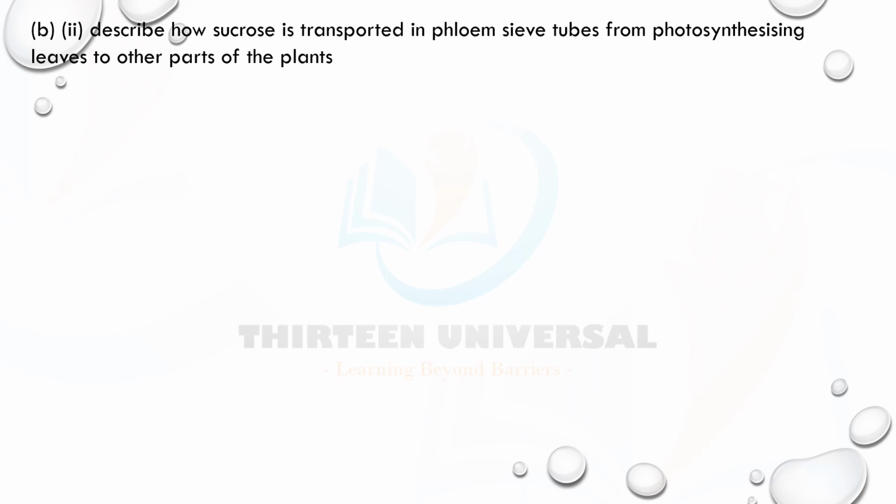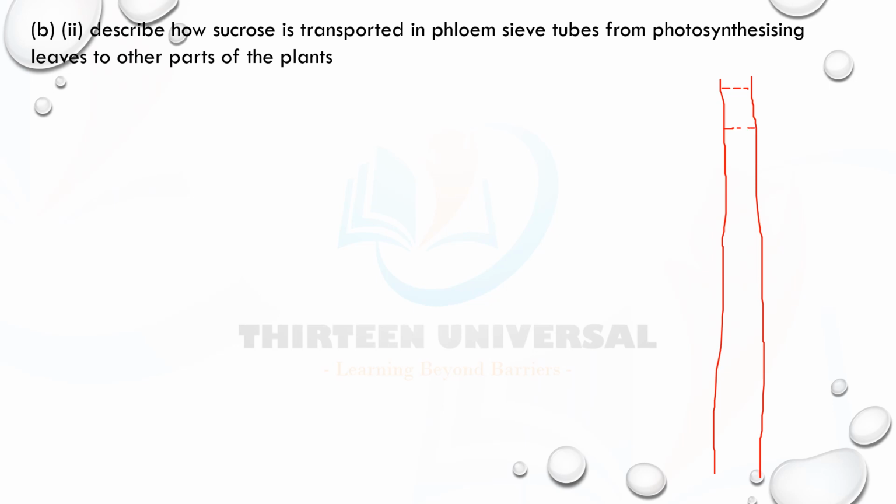Describe how sucrose is transported in phloem sieve tubes from photosynthesizing leaves to other parts of the plant. From photosynthesizing leaves, guys, phloem transports sugar. It brings manufactured food and moves it from source to sink. Don't forget that phloem is made up of individual cells called sieve tube elements, joined end to end.